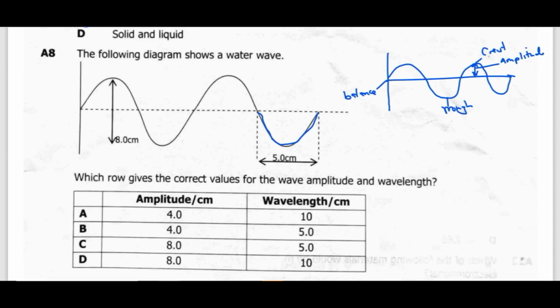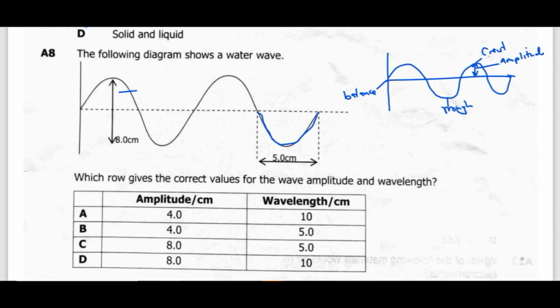We have B, 4, which is the amplitude, and then 5, which is the wavelength. Then we have 8, and then 10. So here, when we look very carefully, according to what we've explained, the amplitude, which is what? Here, the amplitude is what?